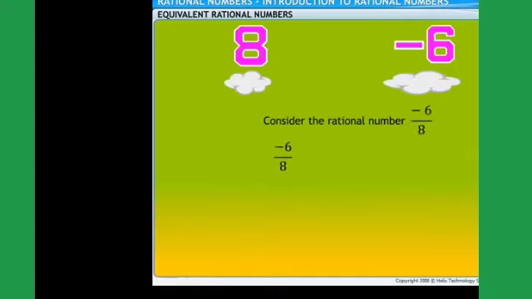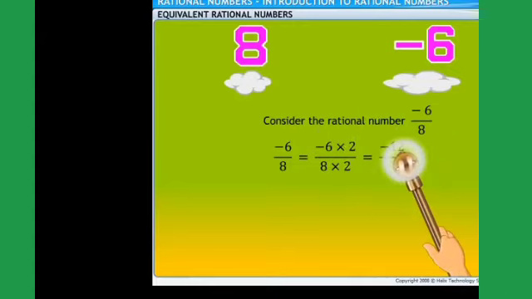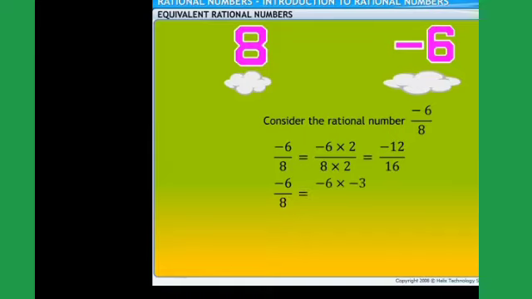If we multiply both the numerator and the denominator of this rational number by a positive integer 2, we get another rational number -12 divided by 16. Next, we'll multiply the numerator and the denominator of the first rational number -6 divided by 8 by a negative integer -3. We get another rational number 18 divided by -24. All three rational numbers are equal.